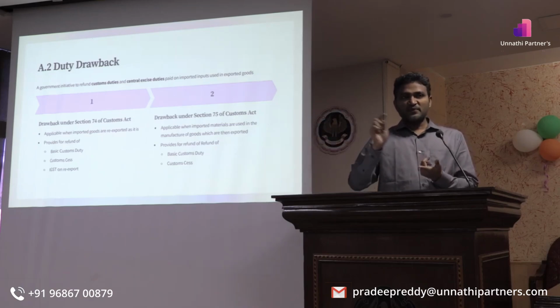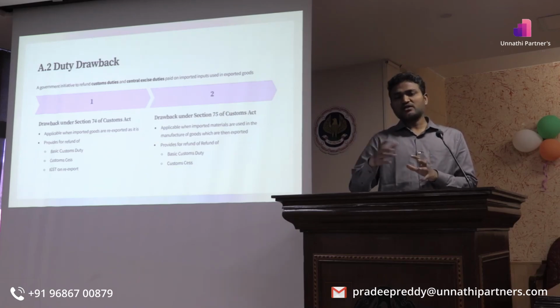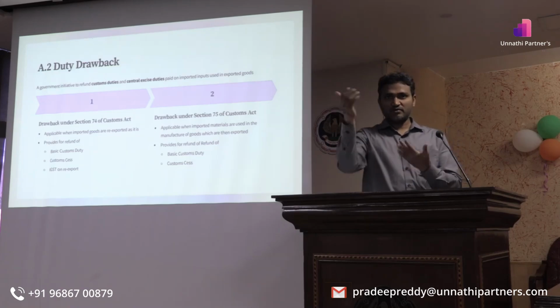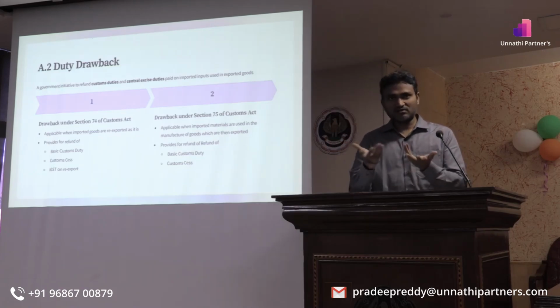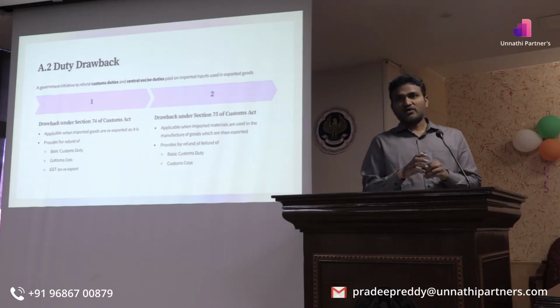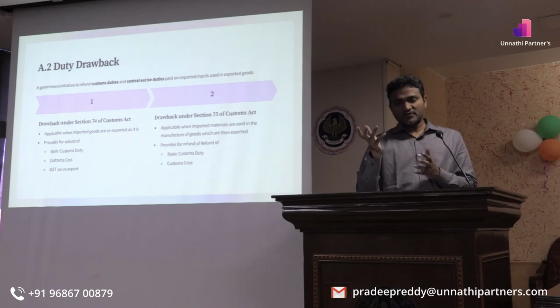BCD and the cess we don't get credit for today, so it's a cost. It is the same the world over. Every country, whatever customs duty they collect, nobody gets a credit. Since we are utilizing it for manufacture of export products, that portion can be claimed as a refund.